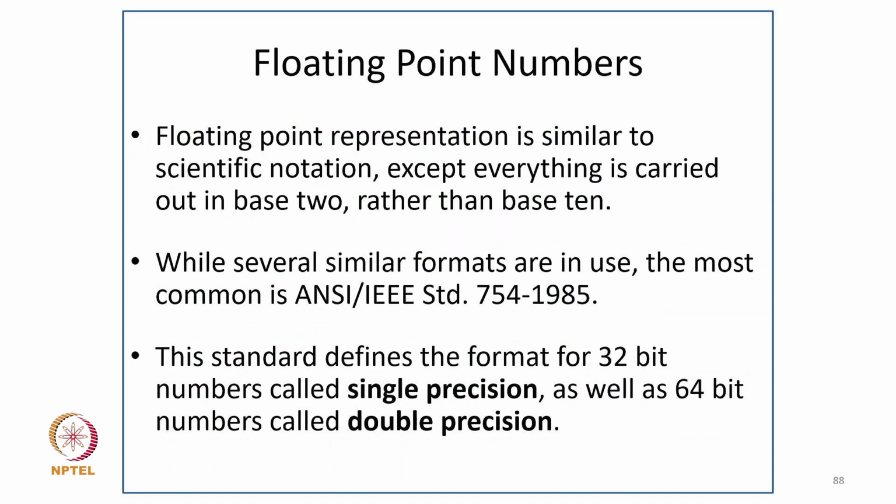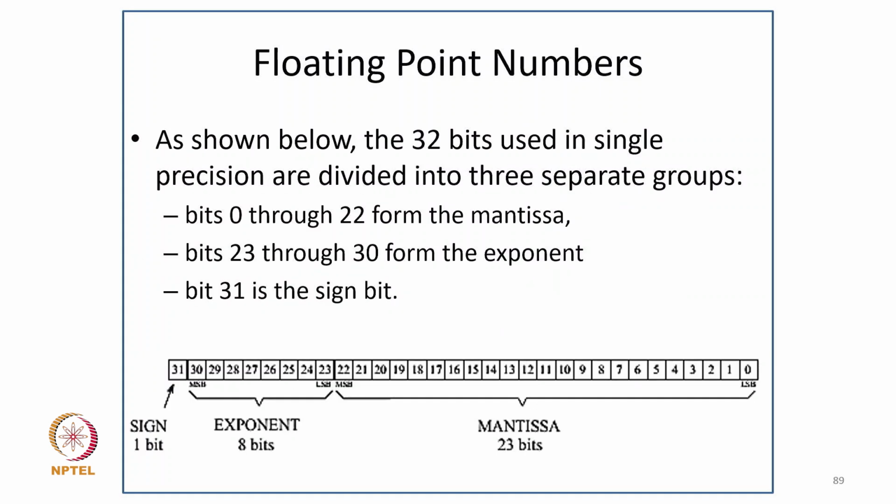So floating point representation is similar to scientific notation, except everything is carried out in base 2 rather than base 10. While several similar formats are in use, the most common is ANSI/IEEE standard 754-1985. This standard defines the format for 32-bit numbers called single precision, as well as 64-bit numbers called double precision.